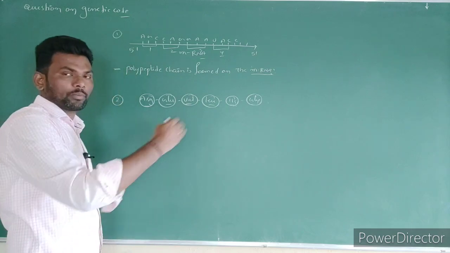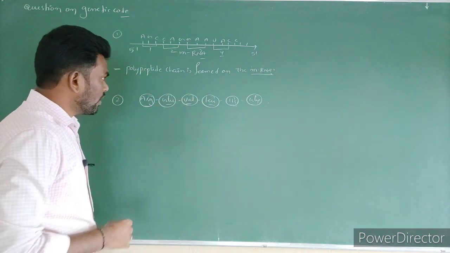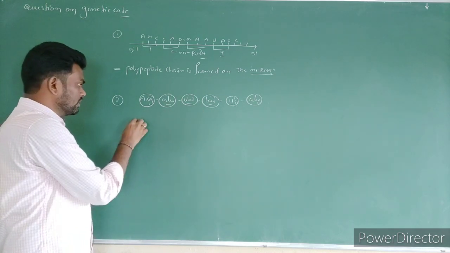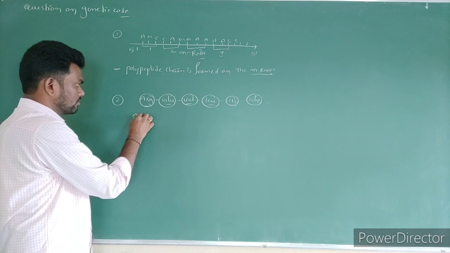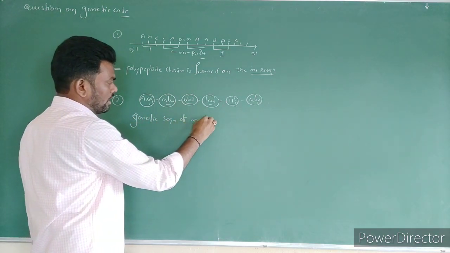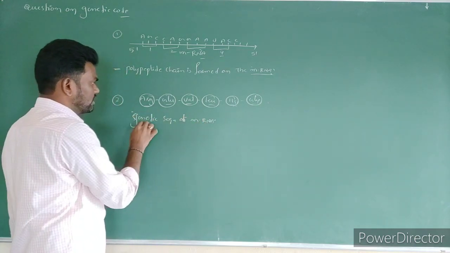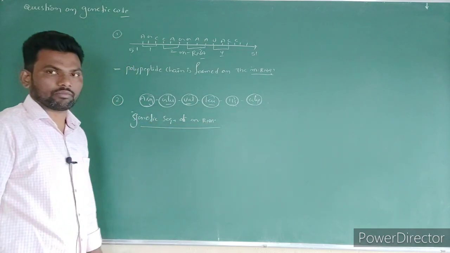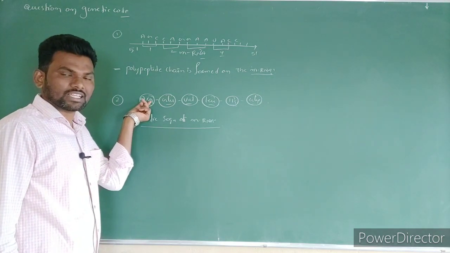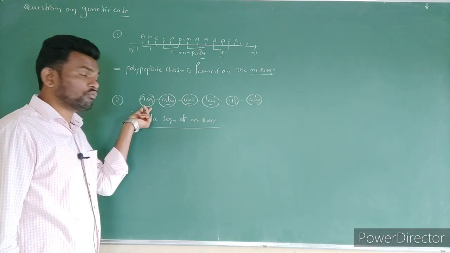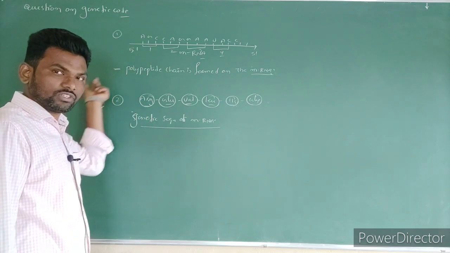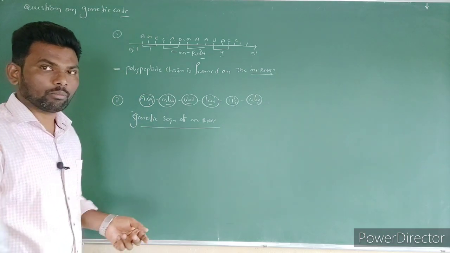This is one long polypeptide chain of amino acids. Now based on this polypeptide chain, we have to write the genetic sequence of mRNA. So for that, what do I have to know? ARG means arginine. Arginine is coded by which codon? That you have to know. It means again you have to learn the 64 codons by heart.